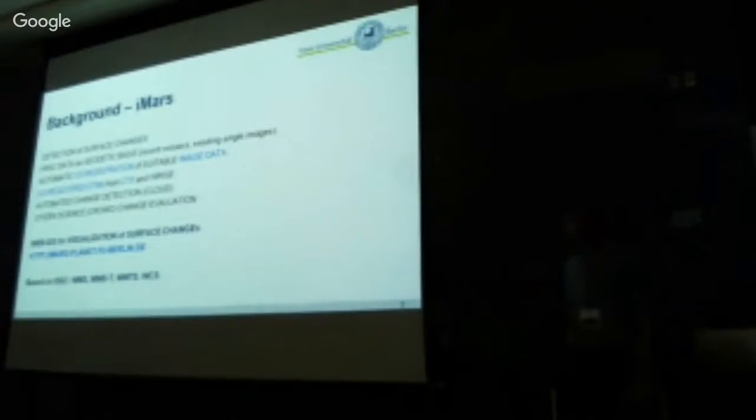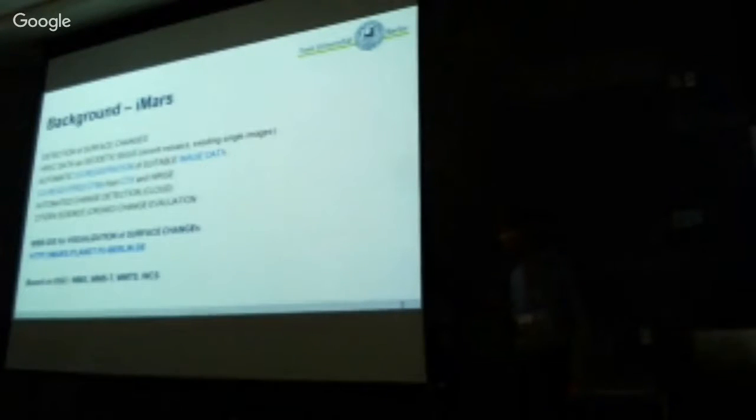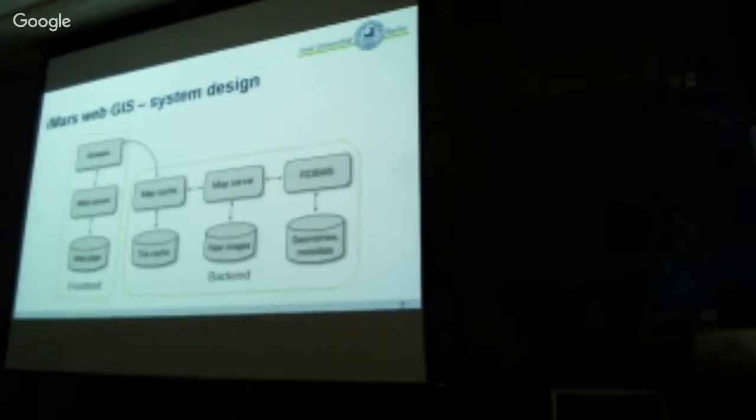Also part of the IMAS project was an automatic change detection within the cloud and change evaluation by crowdsourcing. So the WebGIS can be accessed via this URL, and it's based on OGC standards such as WMS, WMTS, and WCS.